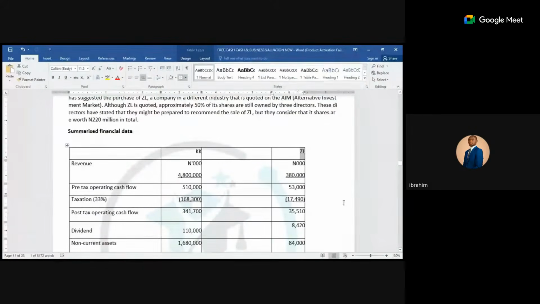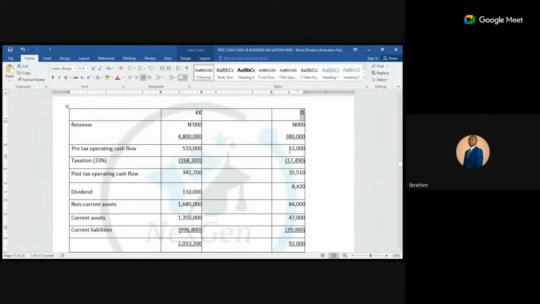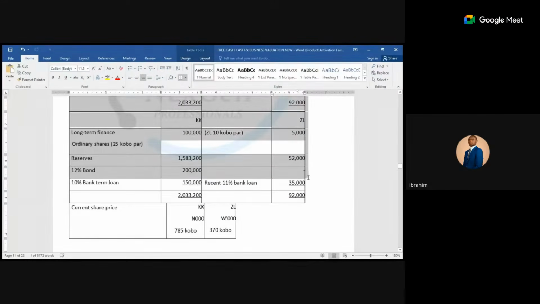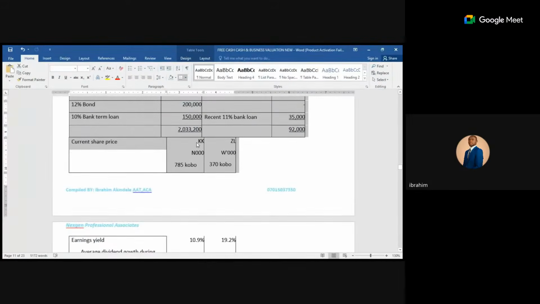We're given all this financial information, the dividend, the long-term finance, and the information about their current share price. You can see that the one of KK PLC is higher than ZL PLC.